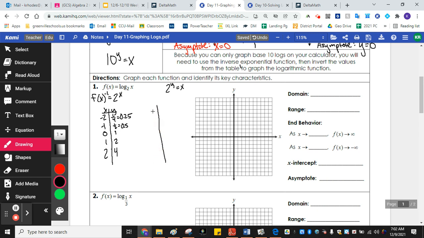So then you switch your x and y's. So 0.25, 0.5, 1, 2, 4.